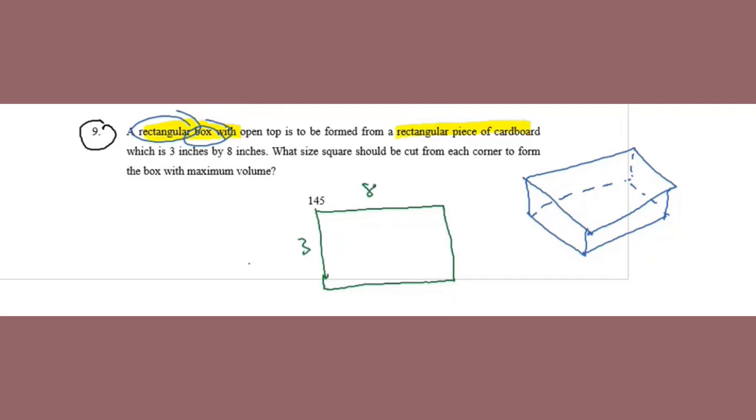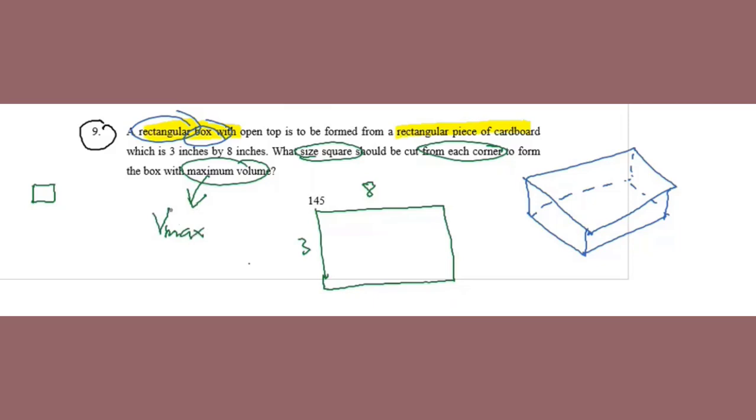So now this cardboard ni size 3 by 8, dia buat form jadi a rectangular box. Okay, and then what is the size square should be cut from each corner of the box with the maximum volume. Now we concern about maximum volume.